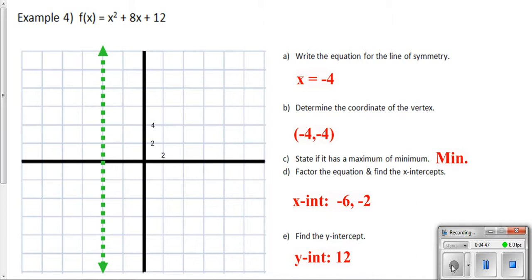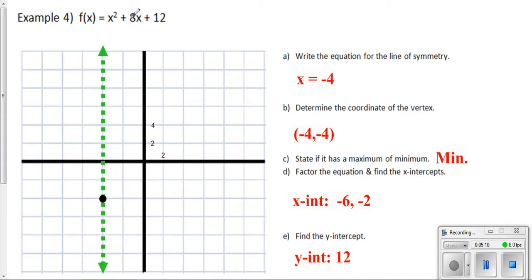The next thing I'd want to do is plot my vertex, negative 4, negative 4. So my vertex being negative 4, negative 4, I'll go over 4, down 4. There's my vertex. The next thing is obviously this has a minimum, so this graph is going to go ahead and curve up because my a value is positive.